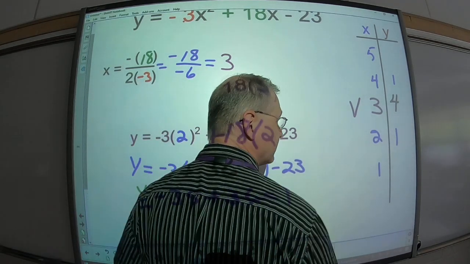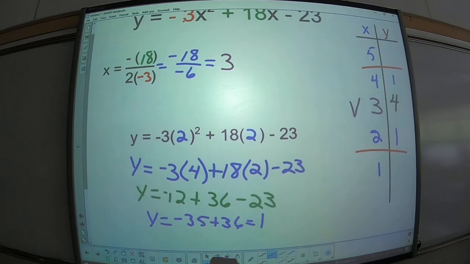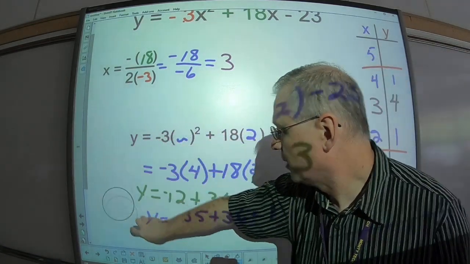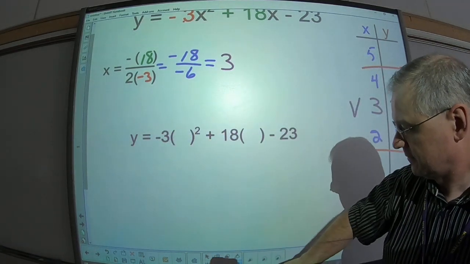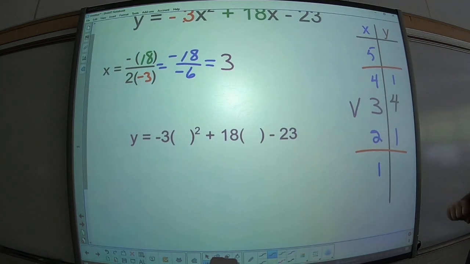Once you get ones that come out the same like this, and you've got your vertex, for the next point, I'm not going to do that here, but you can do one of them and just fill the other one in.